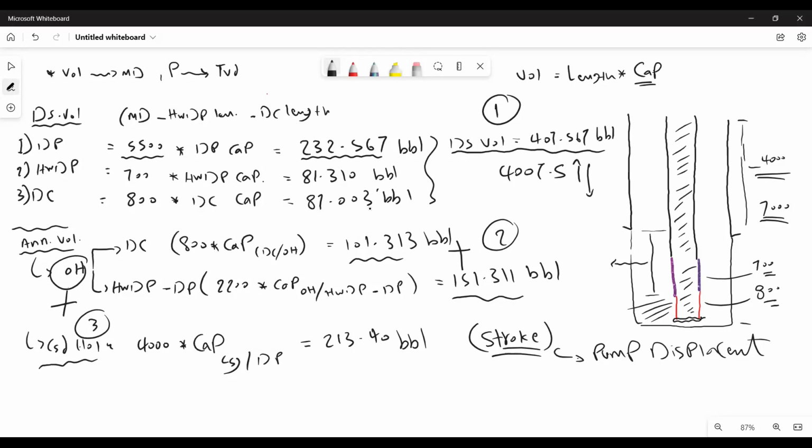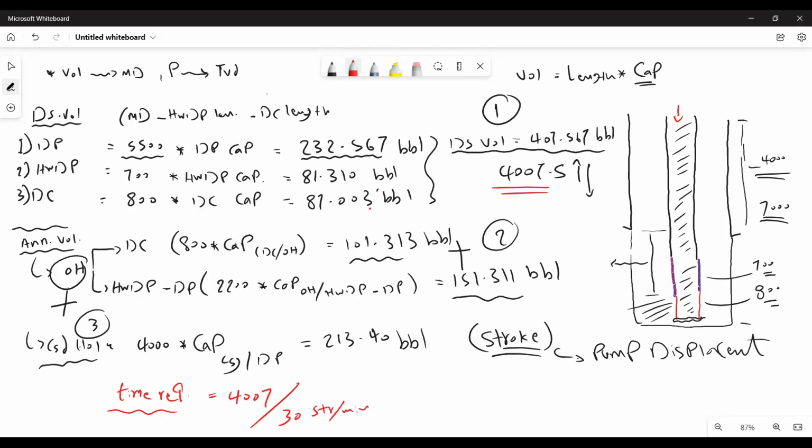Both are okay. Okay, another thing, if you need to calculate the time required for any volume to be pumped. For example, if he's asking how much time you take to pump from surface to bit. So now you have the drill string volume, let's say for 4007 strokes, and we have our pump rate, 30 SPM, 30 strokes per minute.